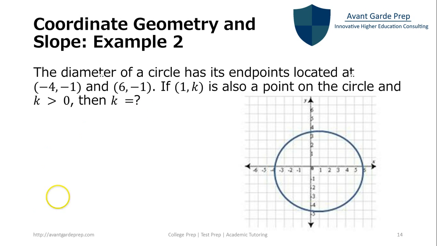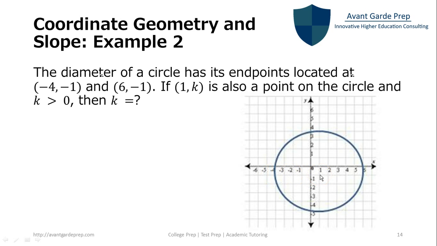So the first point they give us is (-4, -1). So we have a point right here, (-4, -1), and then we have (6, -1), which is right here. And so we can look at this and see that the center of the circle is here at (1, -1), because we have a radius of 5.